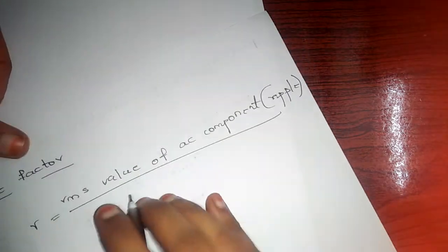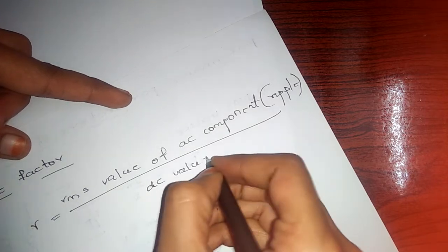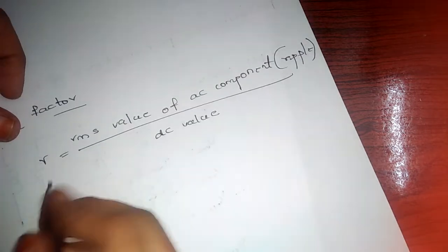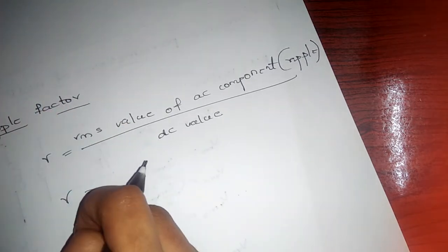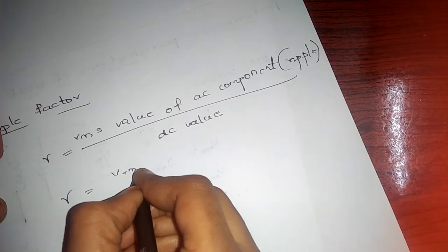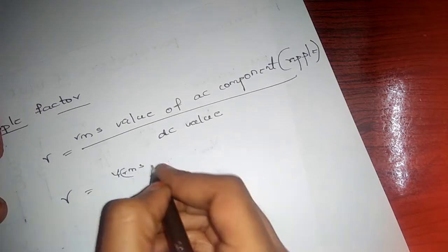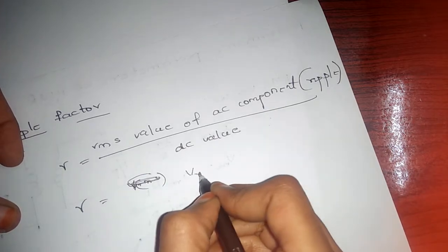So by the DC value that we want to obtain, the ripple factor gamma is equal to Vr(RMS), which means the RMS voltage of the ripple, by VDC, the DC component of the voltage.